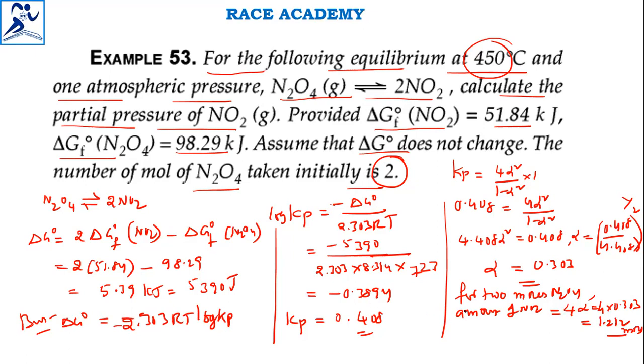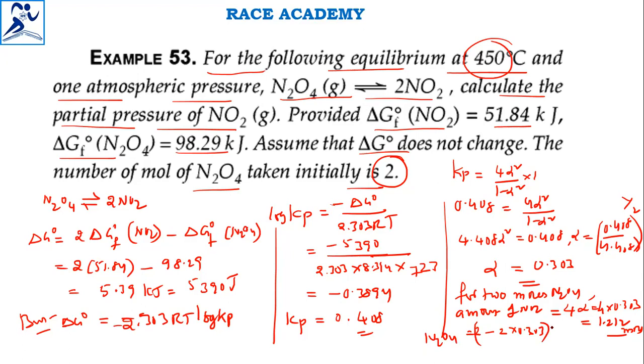That means what is the amount of N2O4? The amount of N2O4 is 2 minus 2 into 0.303.